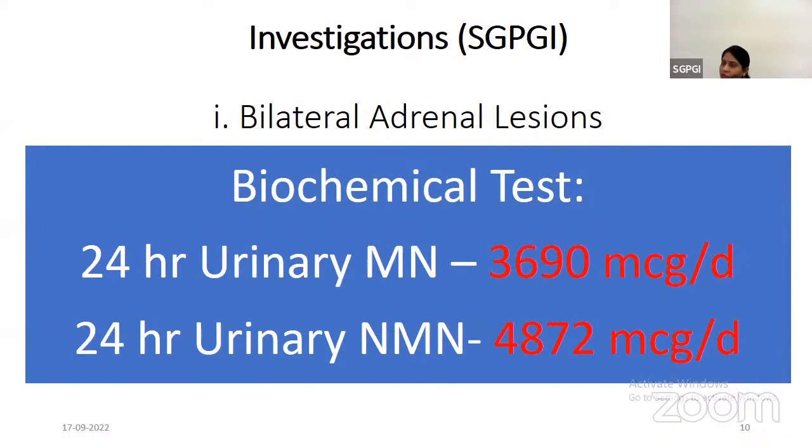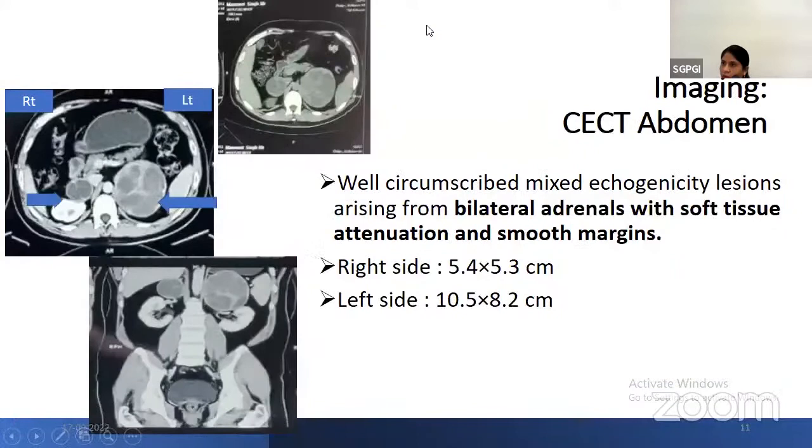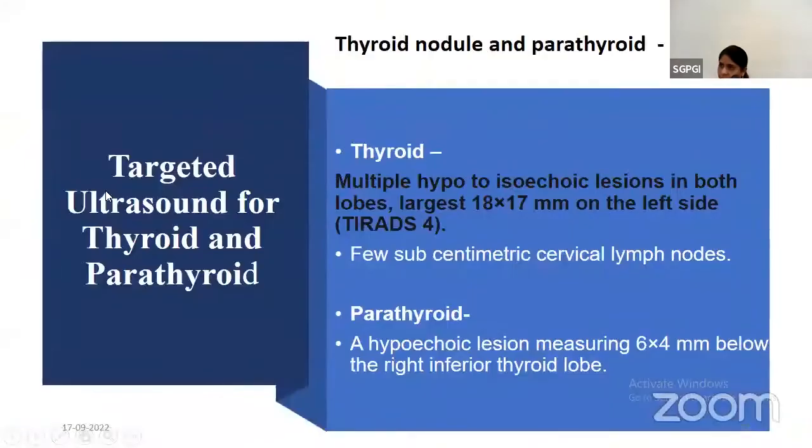After that, the patient was investigated at SGPGI, and his urine metanephrine and normetanephrine were raised more than 10 times. CT abdomen showed bilateral well circumscribed masses. This is the left side mass, measuring around 10 by 8 centimeters, and this is the right side suprarenal mass, measuring 5 by 5 centimeters.